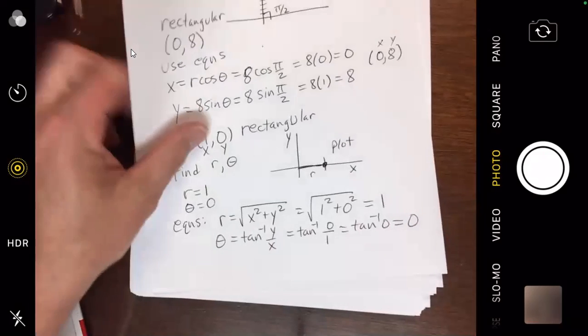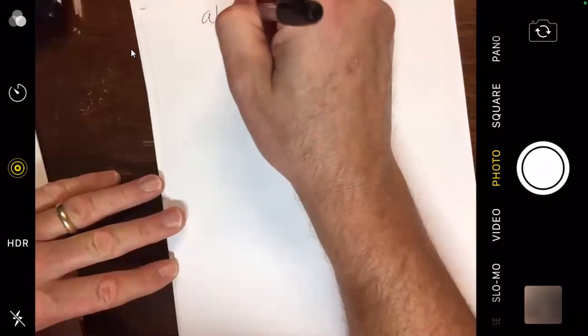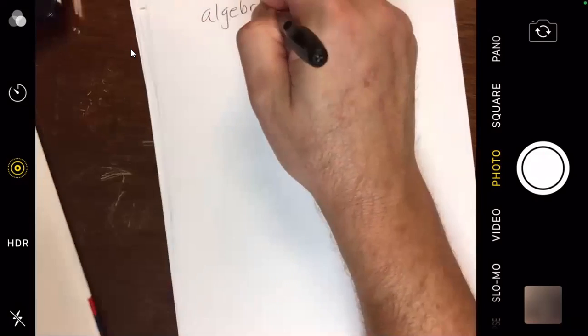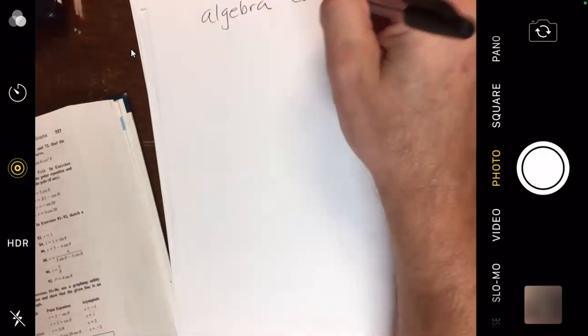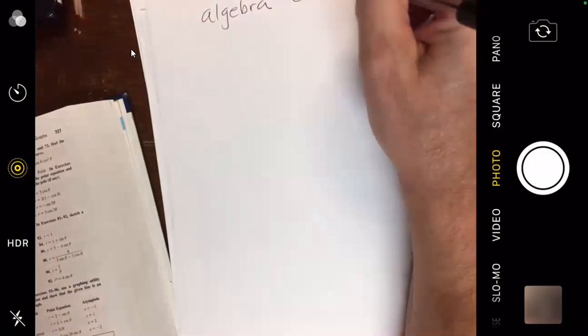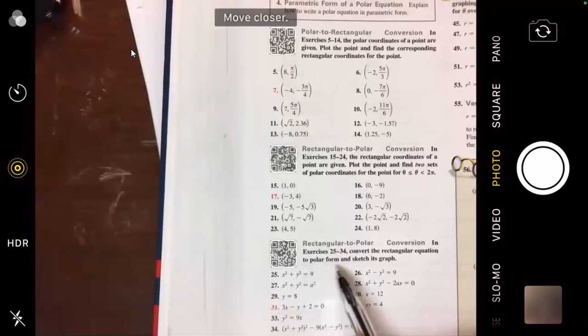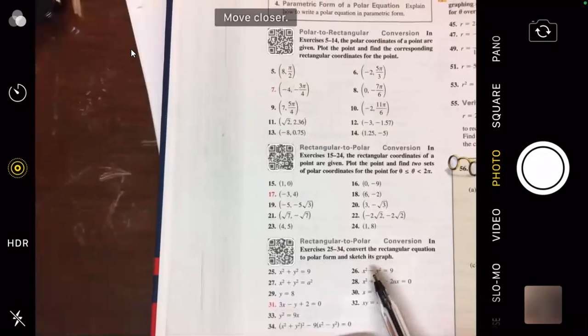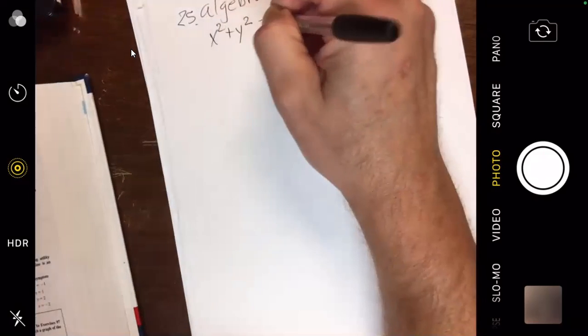Okay, so then with algebra, they want you to convert. This is, say, problem 25. This is a rectangular equation. Convert the rectangular equation to polar form, sketch its graph. X squared plus y squared equals 9.